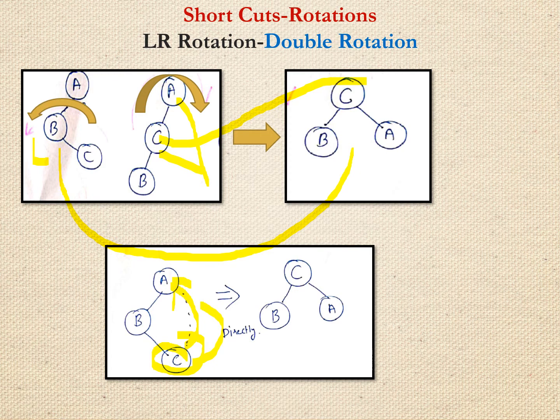So you replace C with A, B's position is as it is, only C is placed at the root position, and A will be shifting towards the right. This way we can find some of the shortcuts for the double rotations. Similarly, you can find the shortcut rotation for the RL rotation also.